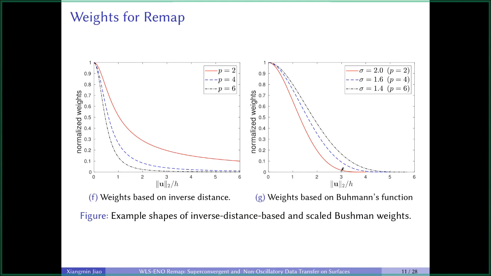So there will also be good error cancellation far from the center point, and near the center point, because it's flatter, it's similar to unit weights, and it has better error cancellation also. So this was developed specifically for remap.